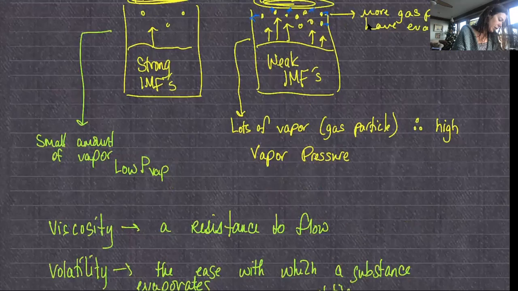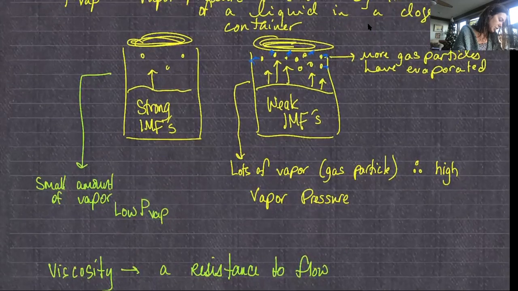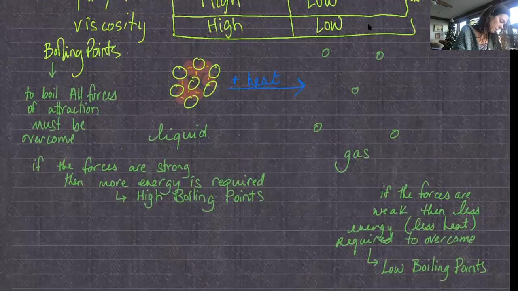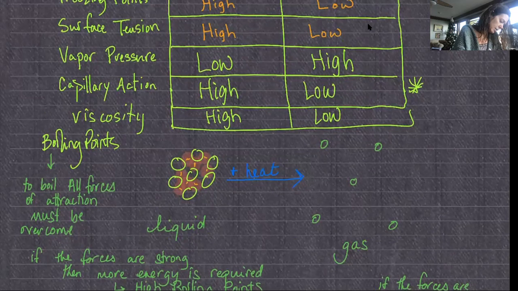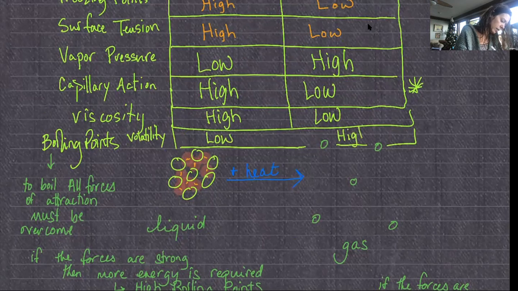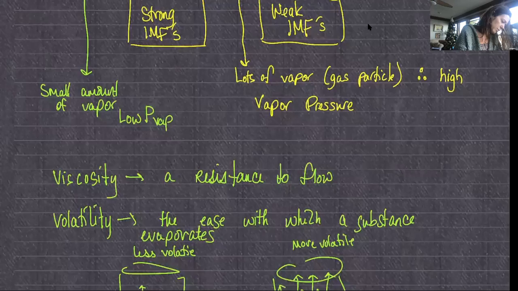I did skip over capillary action. And let's add volatility to our chart up here. I apologize, volatility. And it would be low and high. Okay. Capillary action, to expand upon that just a little bit, involves two processes.